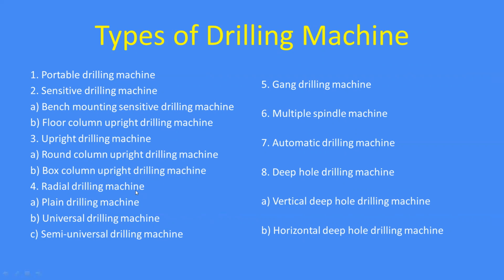The fourth one is the radial drilling machine. In that we have the plain drilling machine, the universal drilling machine and the semi-universal drilling machine. Fifth one is the gang drilling machine. Sixth one is the multi-spindle machine. Seventh one is the automatic drilling machine. Eighth one is the deep hole drilling machine. Ninth one is the vertical deep hole drilling machine, and the last one is the horizontal deep hole drilling machine.